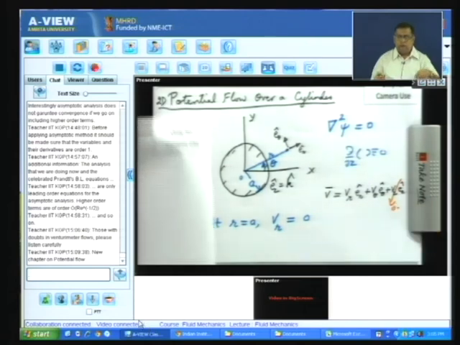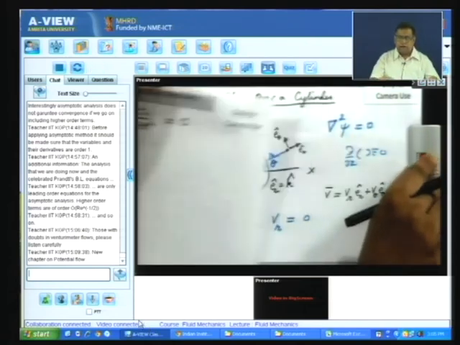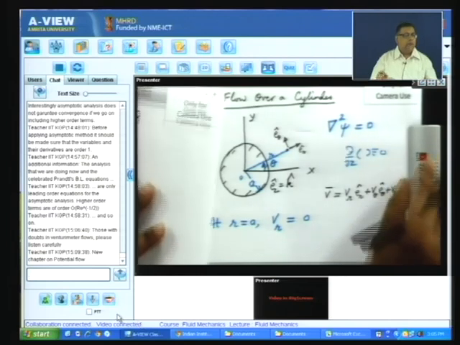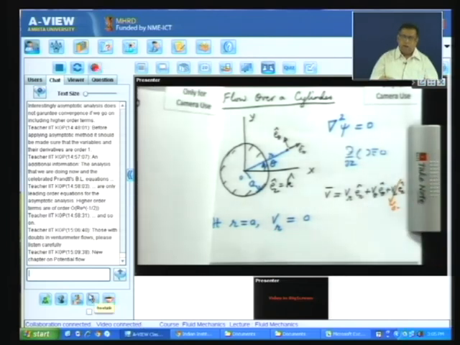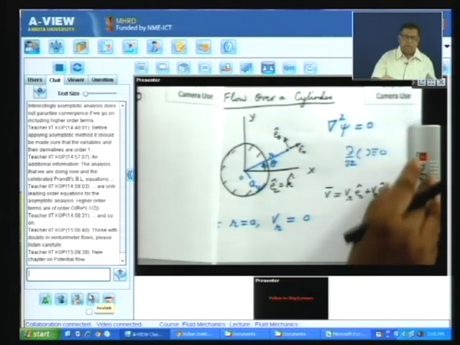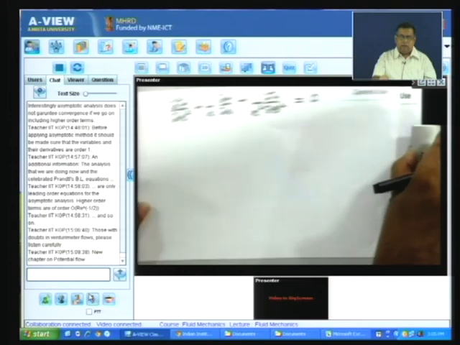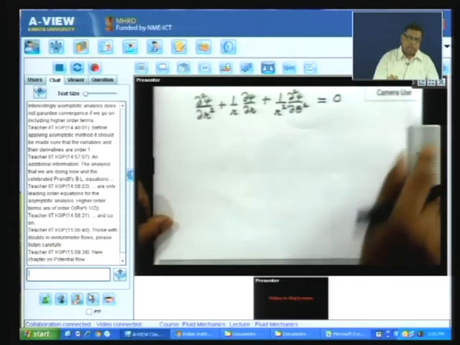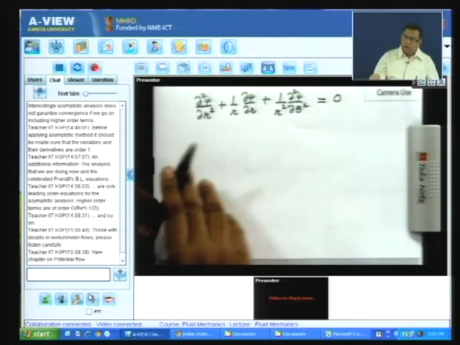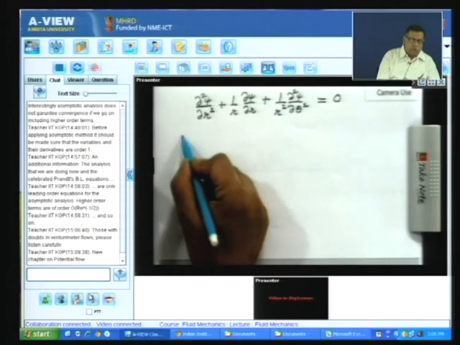Now, if you look at the continuity equation, you can find the expression for v r and v theta in terms of the stream function. But before we do that, let us look at the boundary conditions for this. We will consider a point with reference to an origin.